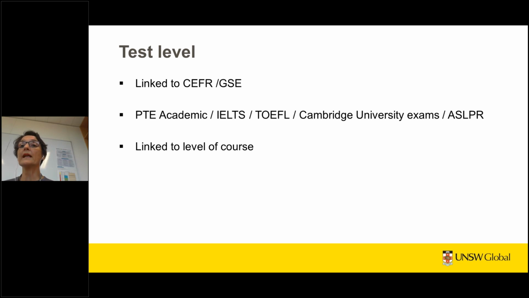Tests are quite commonly linked to an IELTS test level, or a TOEFL test level, or Cambridge, one of their exams, or the ASLPR. Or it could be linked to a level of the course at your own organisation. It could be the advanced course, or the upper intermediate 2 course, or whatever it is, but it needs to be linked to a level.